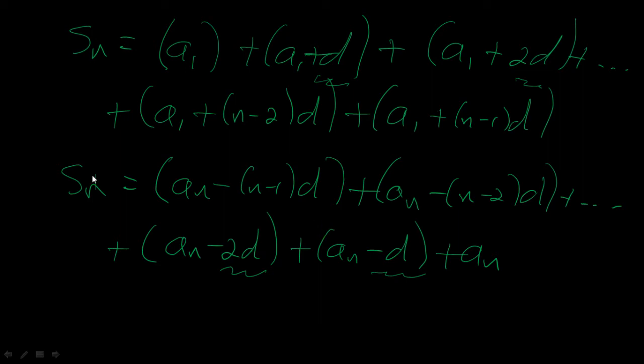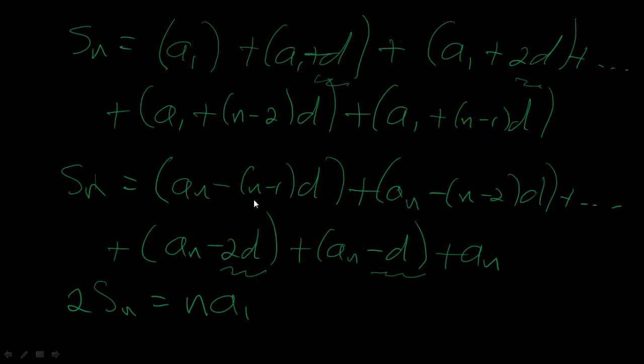Thus, if we add these two equations together, we say that 2Sn is equal to, now if we look at A1 in the first equation, A1 will add with A1, will add with A1, and obviously because there are n terms within an arithmetic progression, we will add A1 together n times. So the first term here will be nA1.